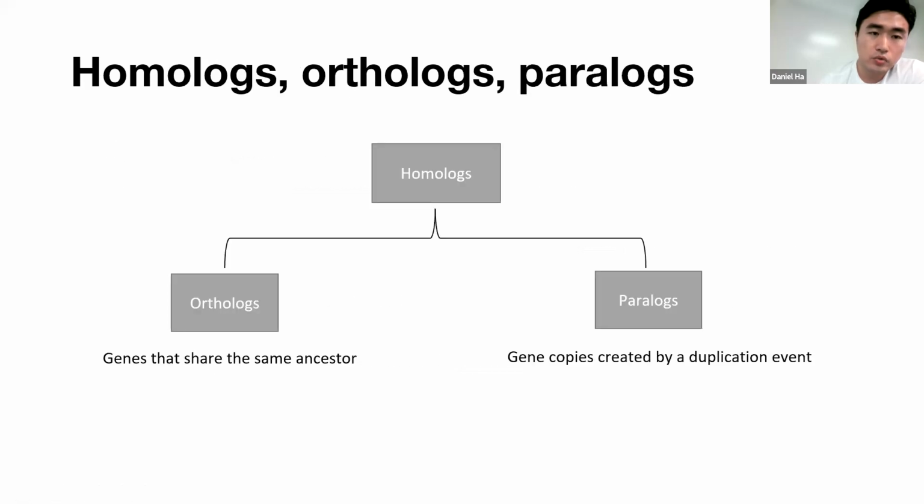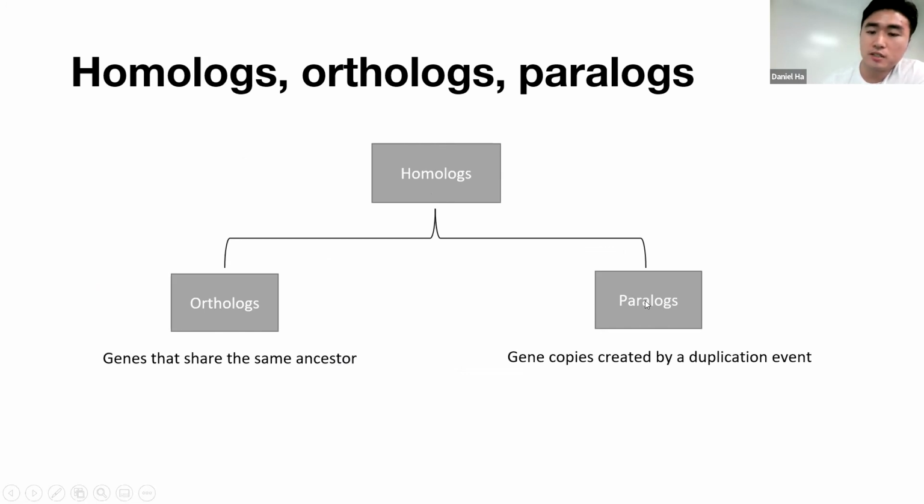So when you do comparative genomics, there are a few terminologies you need to know. Homolog is an umbrella term for orthologs and paralogs. Orthologs are genes that share the same ancestor, which means genes that share pretty much similar functions.